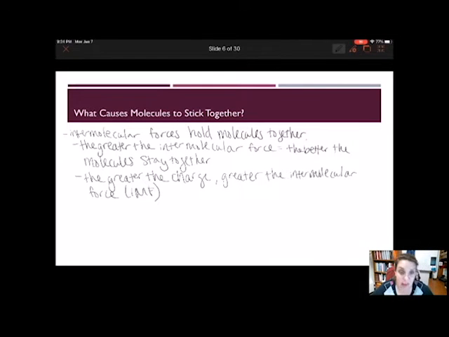So think something like an ion that has a full charge. So that's going to have a very large charge. Something like a polar molecule. This has a partial charge.